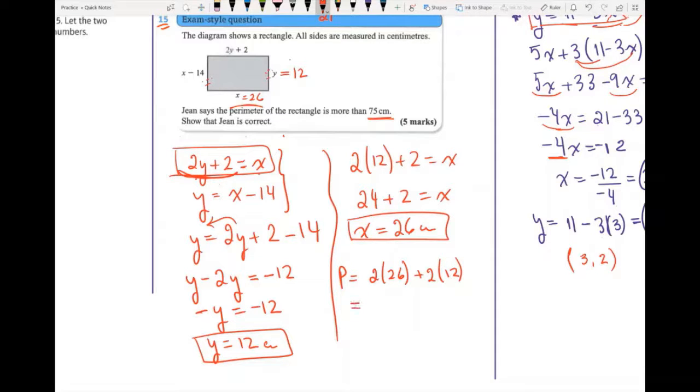So the answer is going to be 52 plus 24. So the perimeter is equal to 76 centimeters. And Jen says the perimeter of the rectangle is more than 75 centimeters, hence Jen is correct.